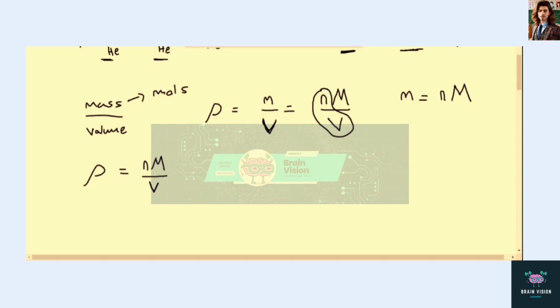So if I divide both sides by the molar mass here, I will have rho over M is equal to n over V. And so now, if I make an n over V in our ideal gas law, I should be able to just switch it out with rho over big M. And of course, these will all be subscripted for the specific gas we're talking about.